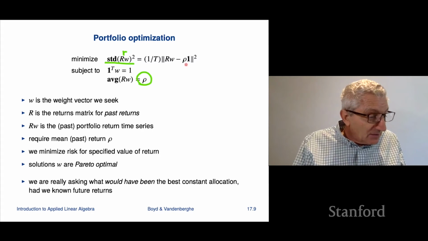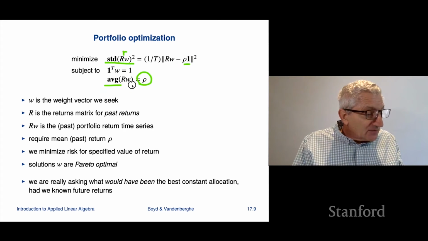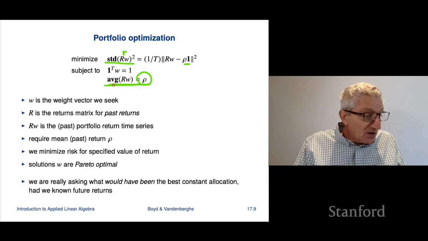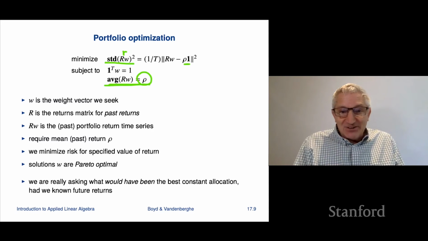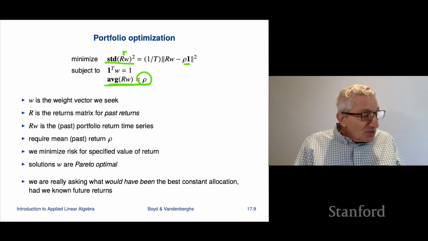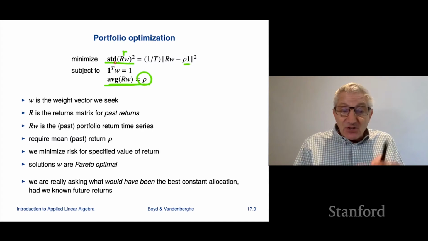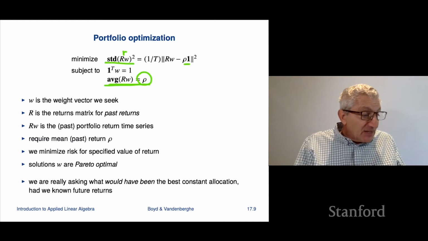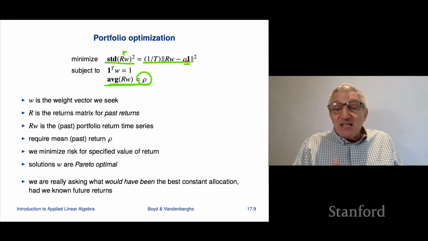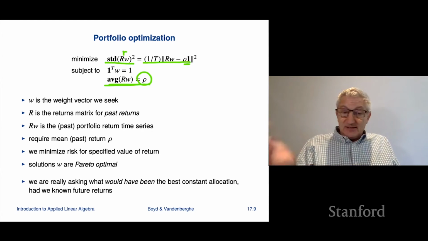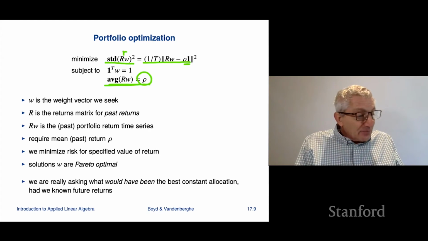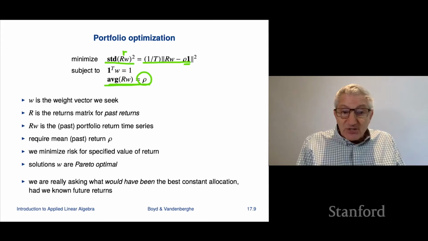Normally, but the point is we're actually requiring the mean to be rho. So we just put that here. So the standard deviation of Rw squared, which is the mean square deviation from the mean, is given by this expression here.